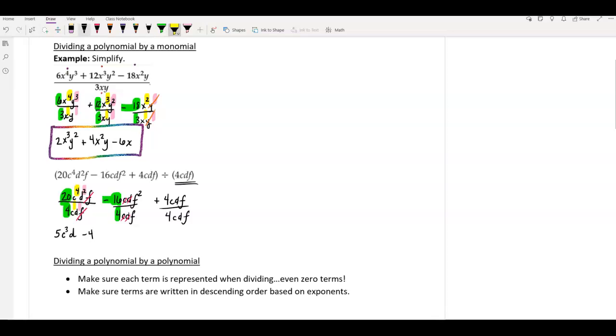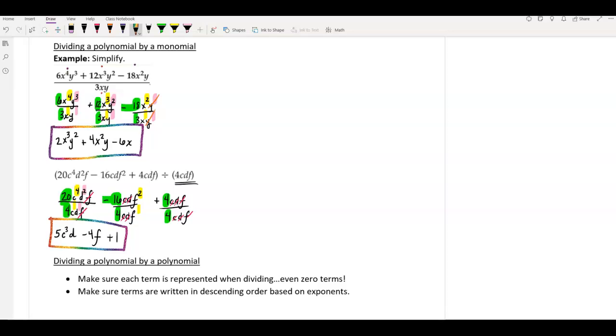I have f's in my numerator and my denominator, the largest being in my numerator. 2 minus 1 gets us 1. Now my last term, I have 4 divided by 4, which is plus 1. And notice our c's match, our d's match, and our f's match. So now we have our final answer of 5c cubed d minus 4f plus 1.